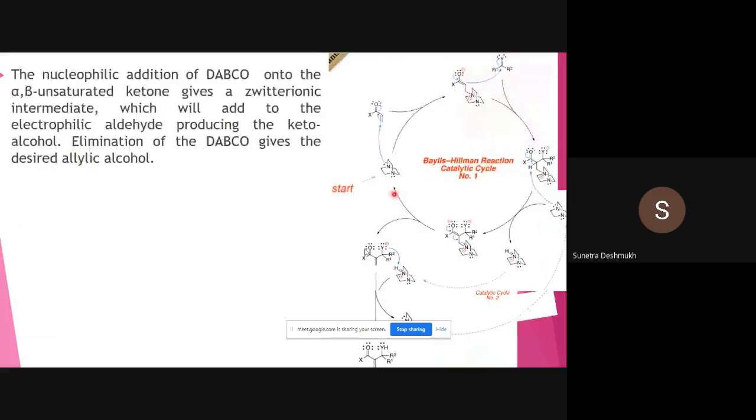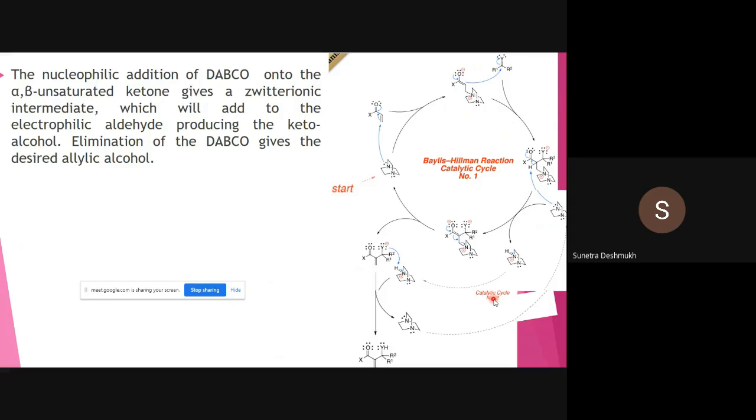So here I have written the catalytic cycle of the mechanism. We will start from over here. Just pay attention: this is the Baylis-Hillman reaction catalytic cycle number 1, and here is catalytic cycle number 2.